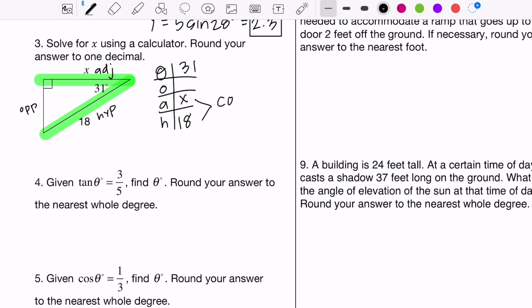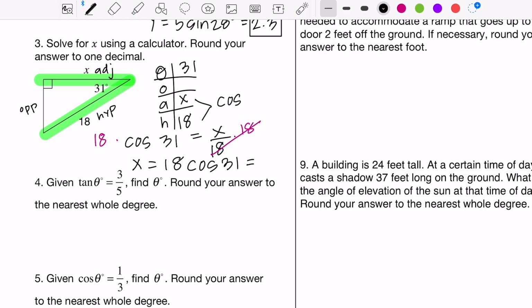Then we know that's cosine. So cosine of 31 equals x over 18. Get the x by itself by reversing that division. So then we get x equals 18 cosine 31. Plug that into your calculator and you get 15.4.